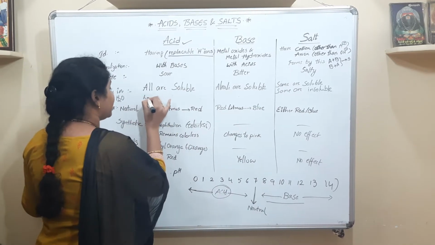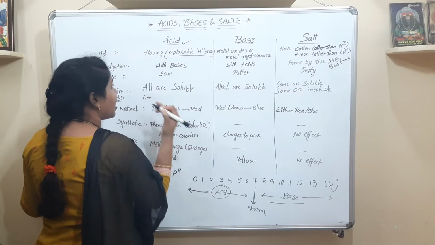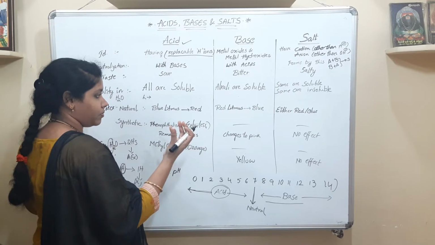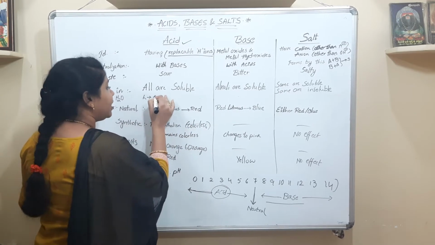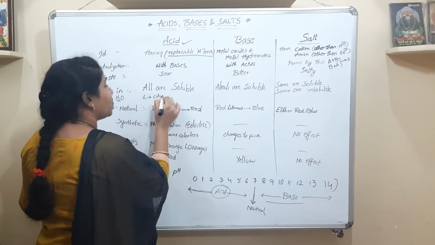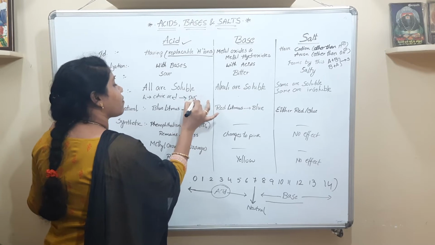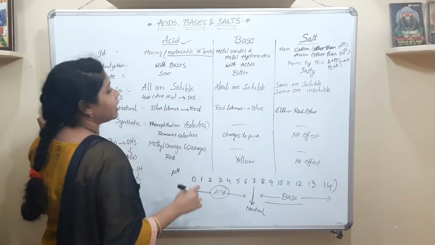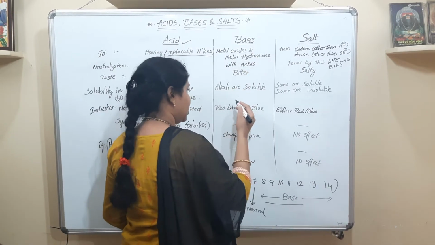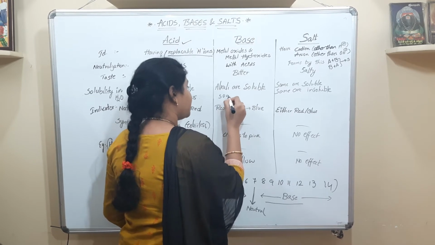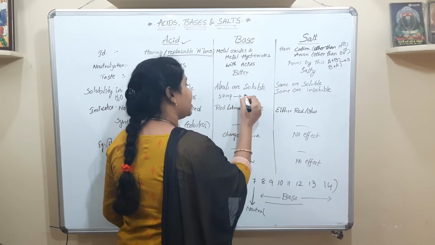Example, if we consider a lemon, which is a general acid containing compound, we know it consists of citric acid. When we squeeze it in water, it is completely dissolved. And as an example of a base, we consider soap, which is dissolved completely in water.